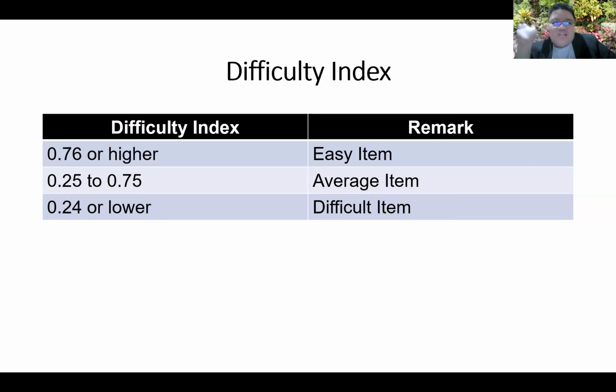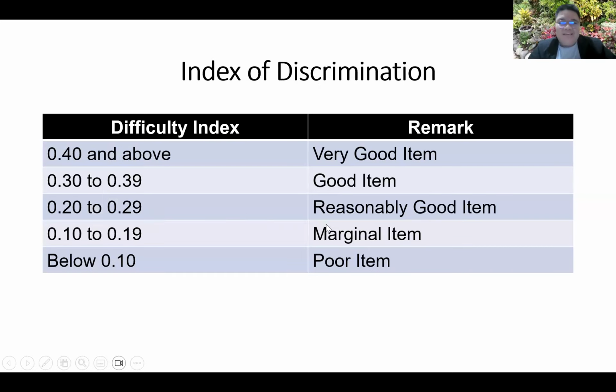Again, it checks whether the score by the student in that specific item is related to the entire score of the student. Okay? Diyan pumapasok si discrimination index naman natin. And class, for discrimination index, you have the following interpretation.